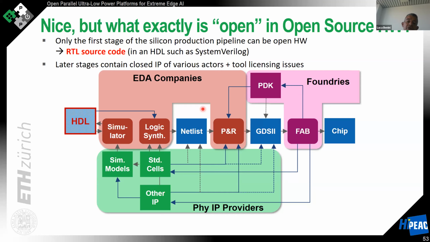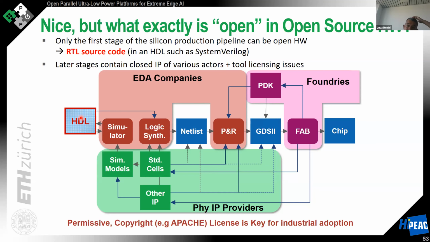So if you want to do your system on chip in 22 nanometer technology, still you are stuck with a lot of closed source stuff. Nevertheless, what we call today open source hardware for PULP is the open source HDL description of all the IPs that I described in this presentation. It's liberally available, with a very liberal license like Apache.